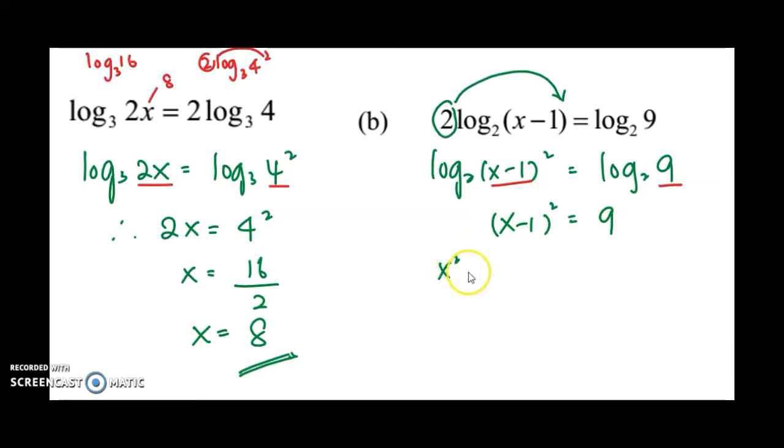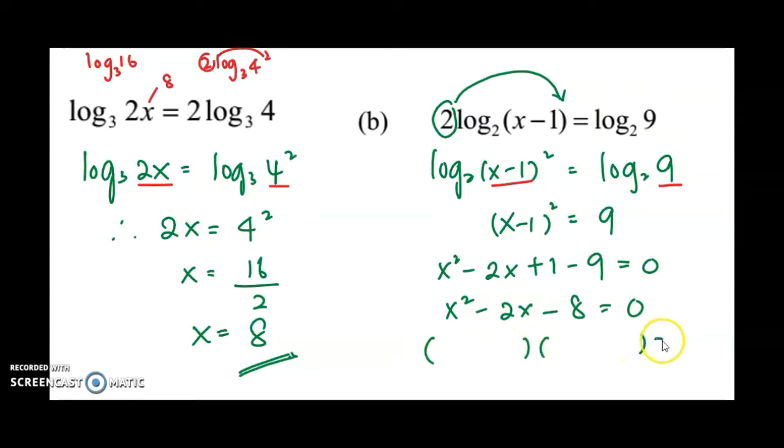Using the method of solving quadratic equations, we're going to expand this first, bringing the 9 to the left hand side, and simplify by collecting all the like terms, meaning that you take 1 minus 9, that is negative 8, equals to 0.